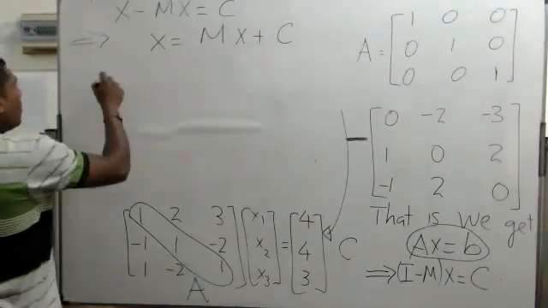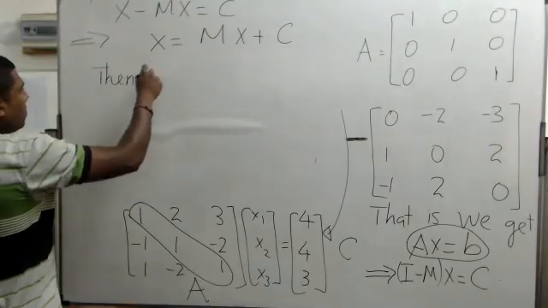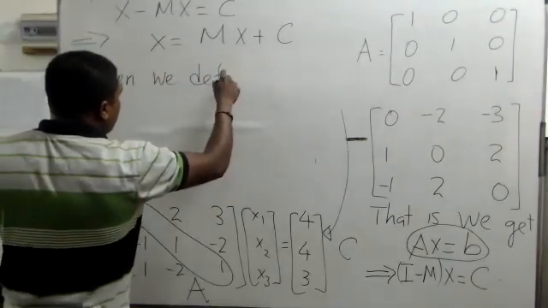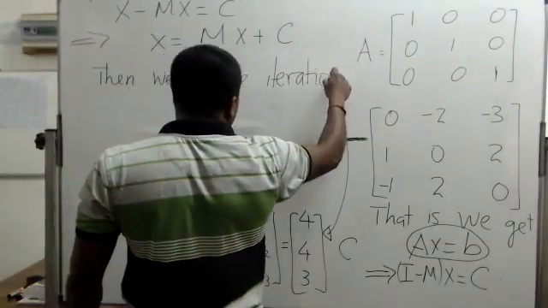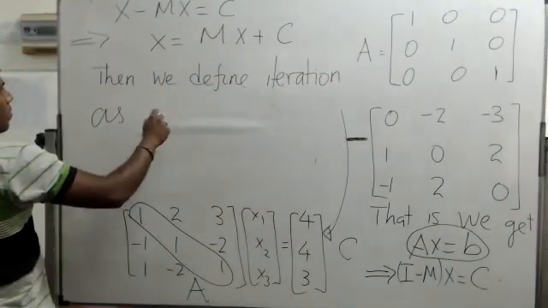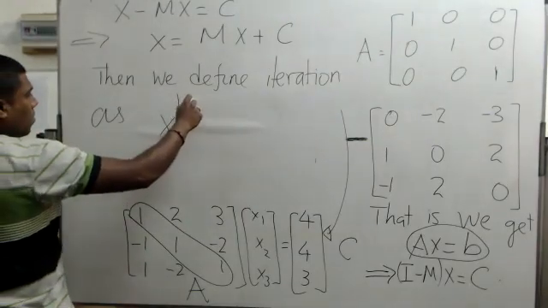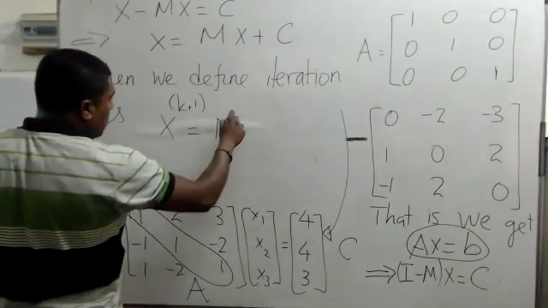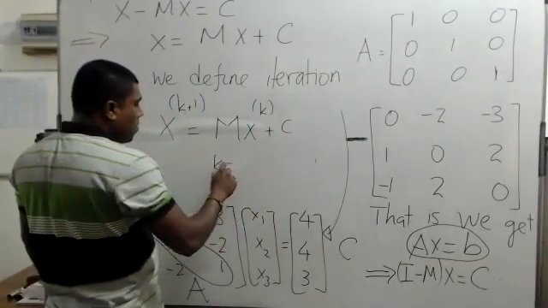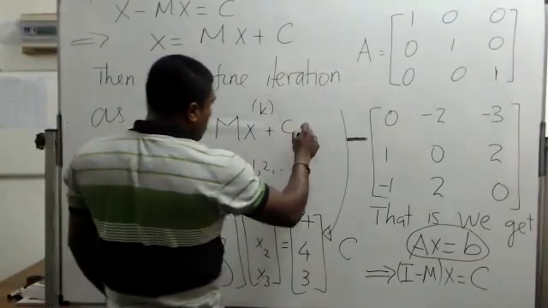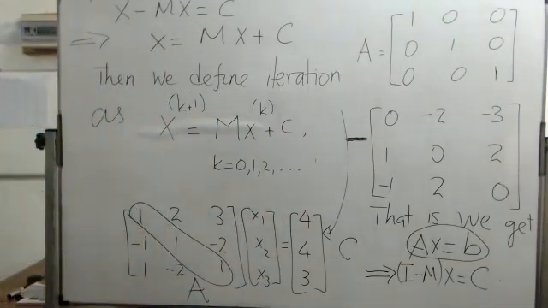So we write the iteration as x(k+1) equal to M times xk plus C, where k runs from 0, 1, 2 up to infinity.